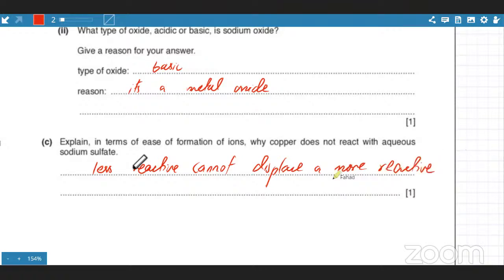Now you have copper, which is less reactive, doesn't like to lose electrons. A less reactive metal is the one that doesn't like to lose electrons. So sodium sulfate has sodium ions. It has to give these electrons, only then the reaction would be possible. Displacement reaction or redox reaction would only be possible if copper metal ends up losing electrons to sodium ions, which is not going to happen in this case because copper doesn't like to lose electrons.